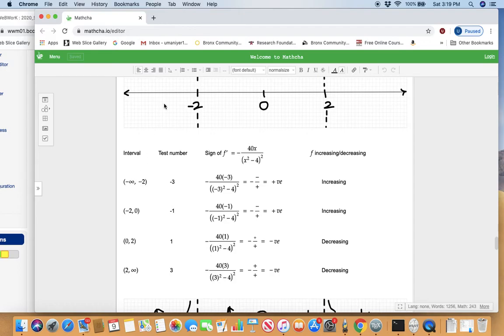Test number negative 3 here, negative 1 here, 1 here, and 3 here. I substitute these test numbers in my derivative. I don't care about the final answer. I care about the sign of my derivative at these test numbers.